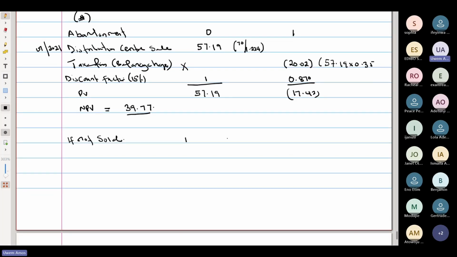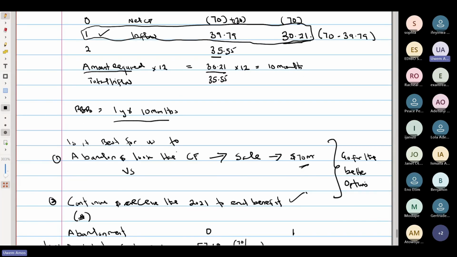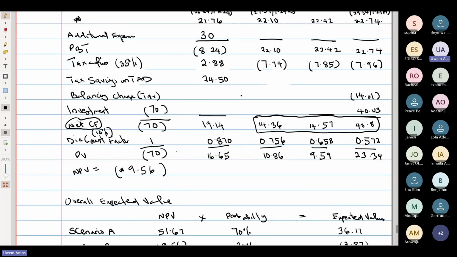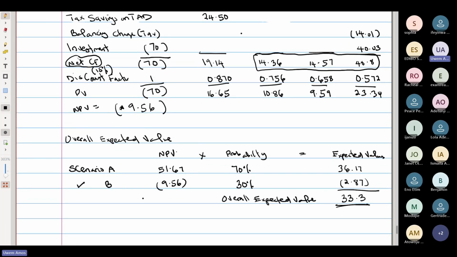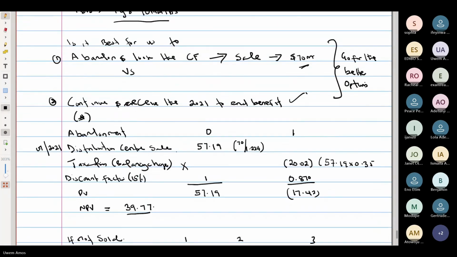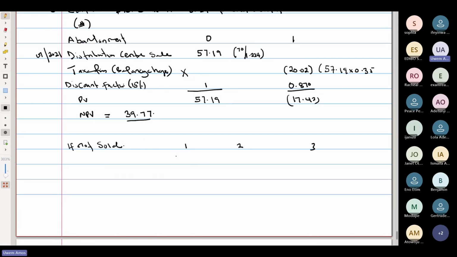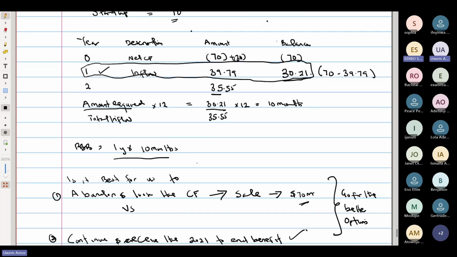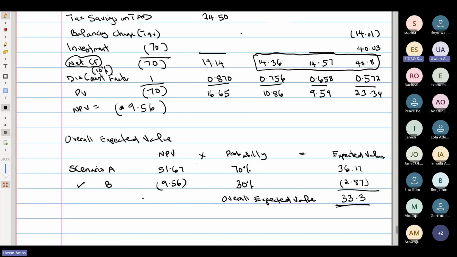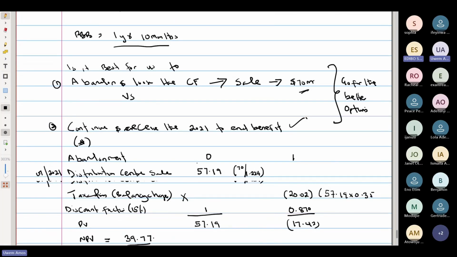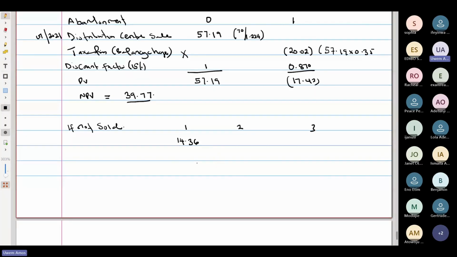So this is a new investment, a new decision. Because we're not abandoning, we'll continue to produce and continue to make our money: 14.36, 14.57, and 40.8.